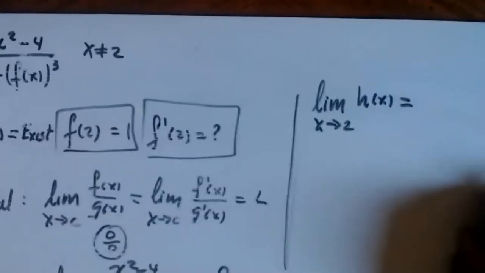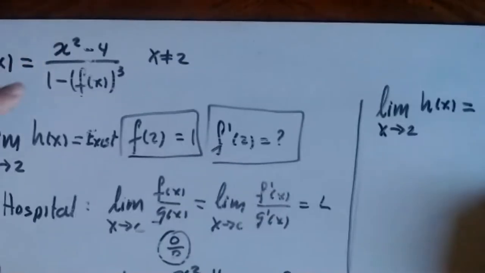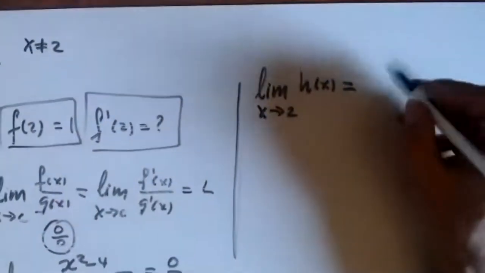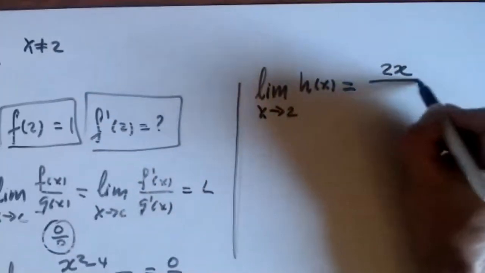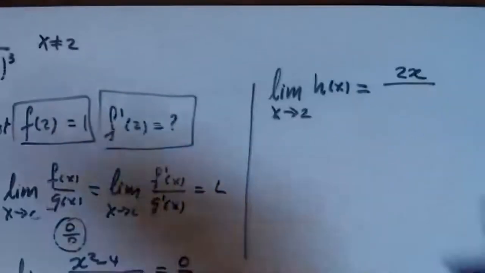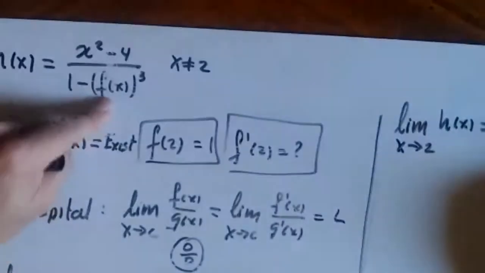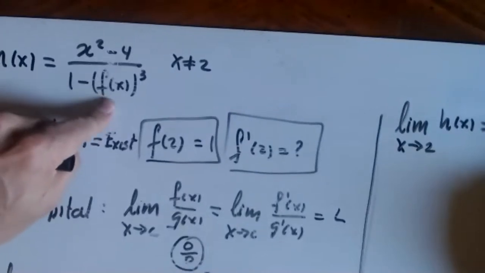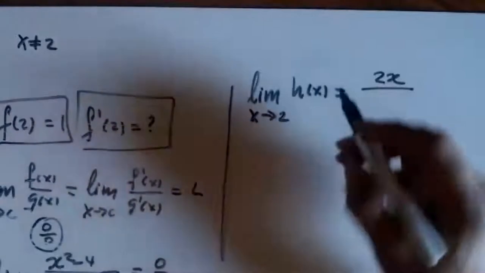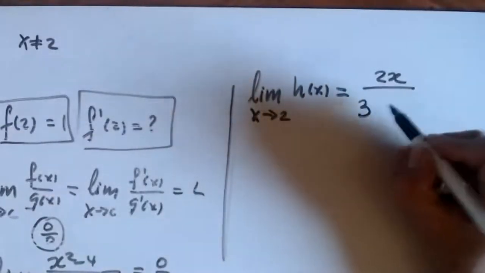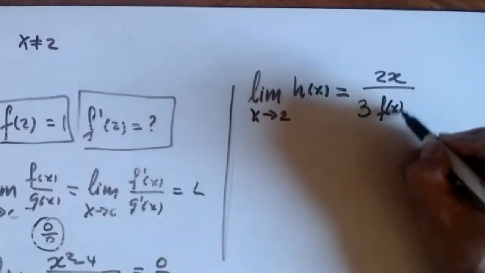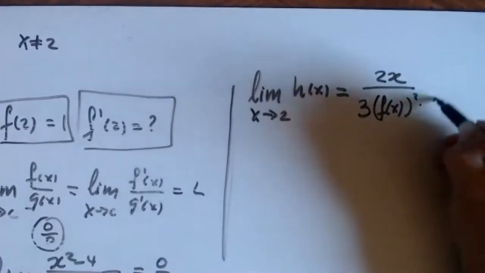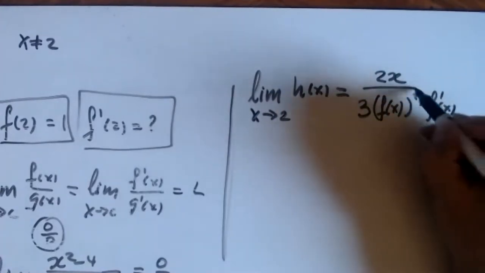So it's going to be the derivative of this top and the derivative of this one. What is the derivative of the top? 2x over. What is the derivative of the bottom? It's the power of a function, so I have to do the power and then f prime. It's 3 f of x squared times f prime of x. Correct?